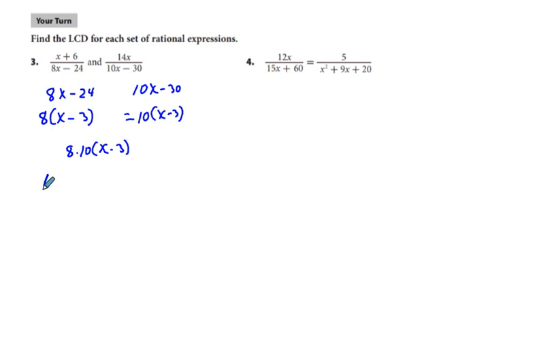So our least common denominator is going to be equal to 80 times quantity x minus 3. And this would be helpful to us if we're going to solve rational equations. And then we have this other one. I'm not even going to do example 4 here.